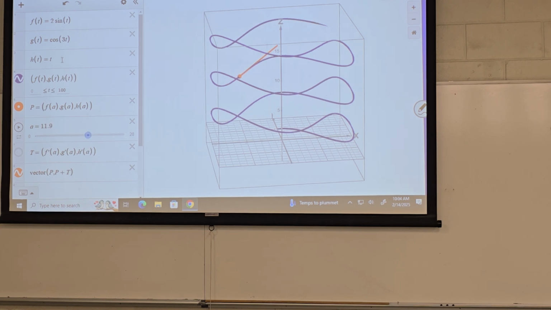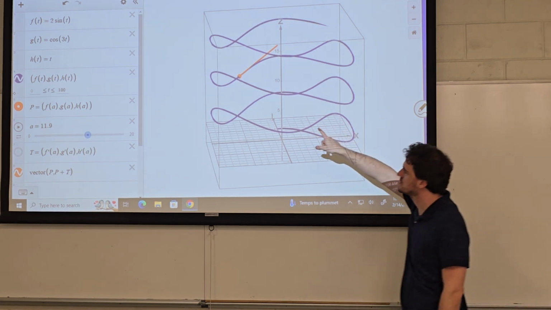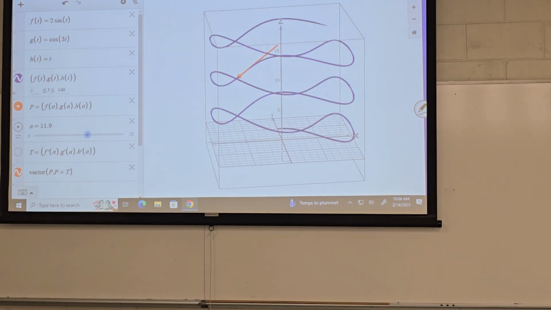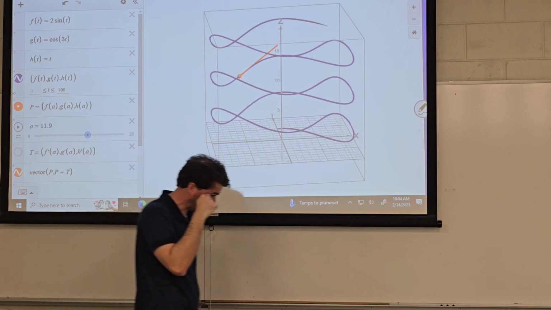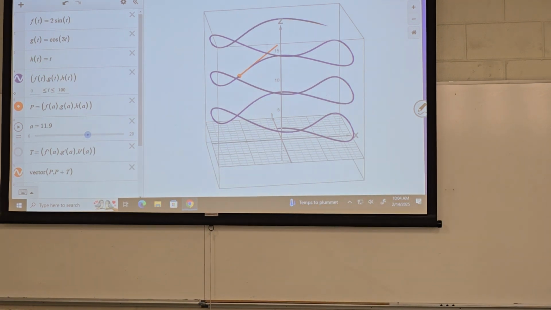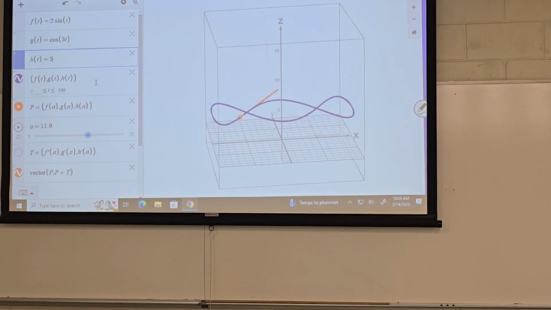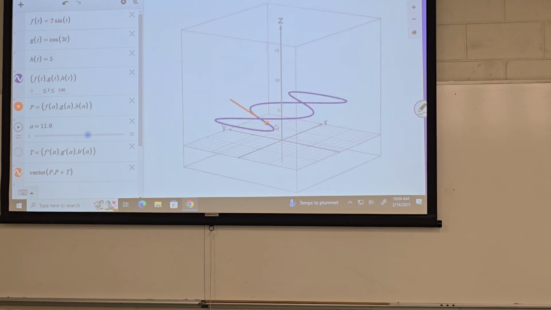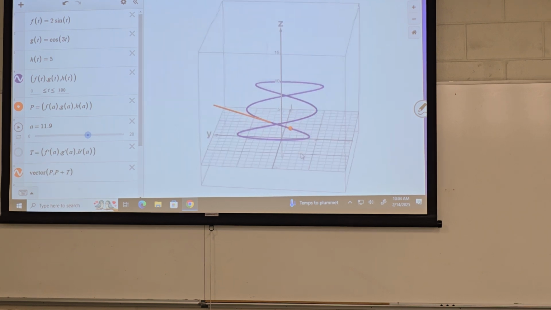If I change h of t to say 5, what should I notice about my tangent vector? If the z component is a constant, what should I see in the tangent vector? If I change my z coordinate to just 5, it means that z is never increasing or decreasing.